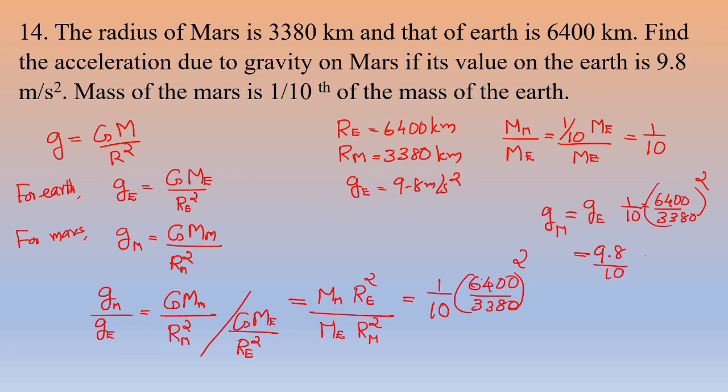That is 9.8 divided by 10 into 6,400 divided by 3,380 whole square. So after the calculation, you can find the value of the acceleration due to gravity on the surface of Mars is 3.51 meter per second square.